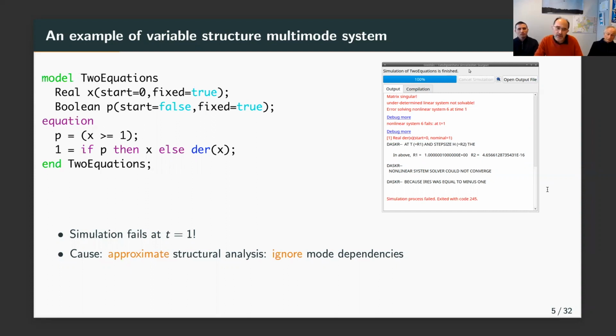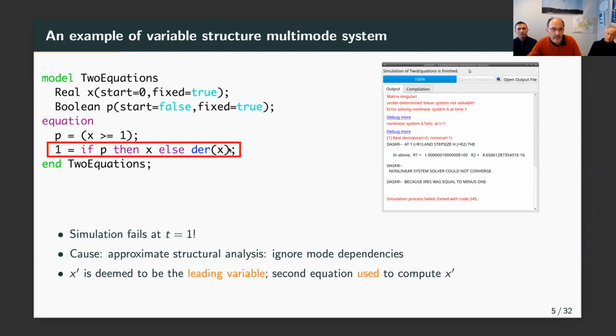Essentially, structural analysis algorithms are oblivious to the modes. So they consider that this equation is treated as a smooth equation. And the structural analysis finds that x prime is the leading variable.